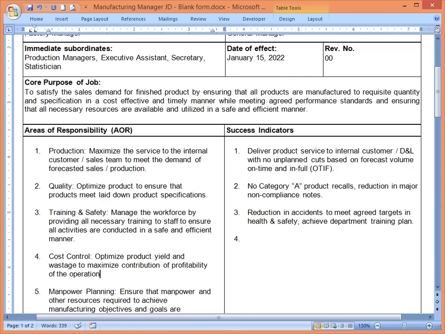We can also use manufacturing, contribution of profitability of manufacturing. Operation is also okay, it's all the same. Optimize product yield and wastage to maximize contribution of profitability of the operation. Doesn't matter. Okay, let's go to the success indicator of number 4, the cost control.